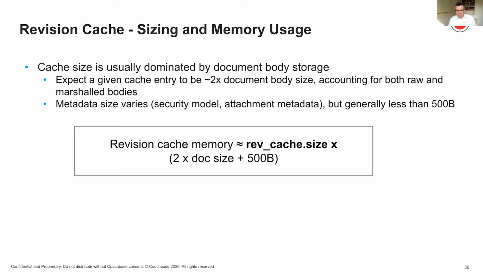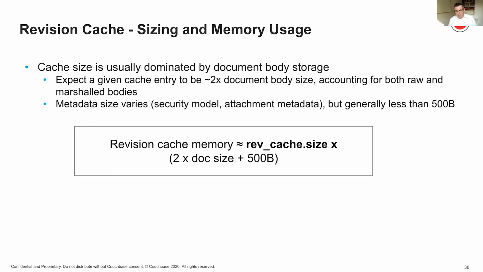If Delta Sync's not enabled, you can expect the cache size to be a little bit more than the document body size. The metadata size that we're storing in the rev cache varies depending on your security model, so the number of channels you have assigned to a given document, and whether your document has attachment metadata or not. But in general, that's going to be less than 500 bytes.